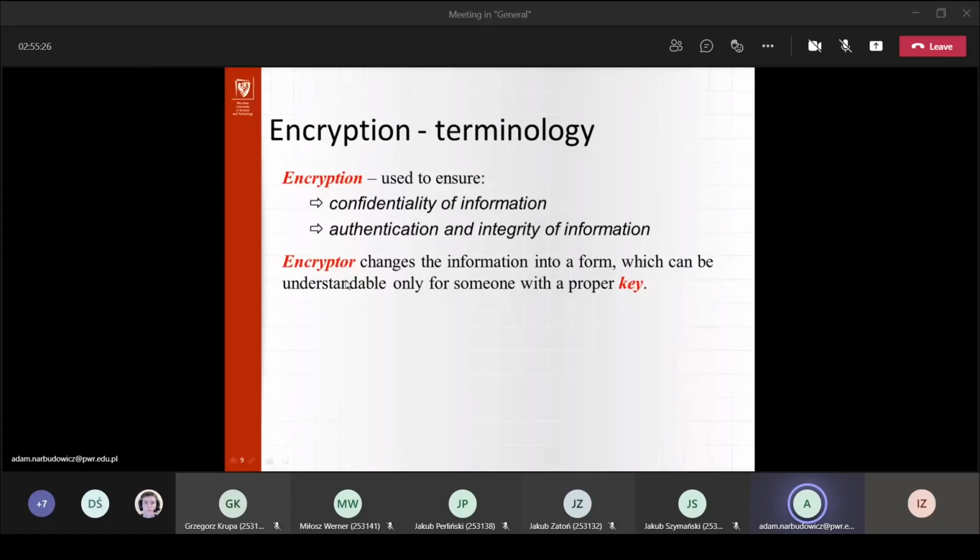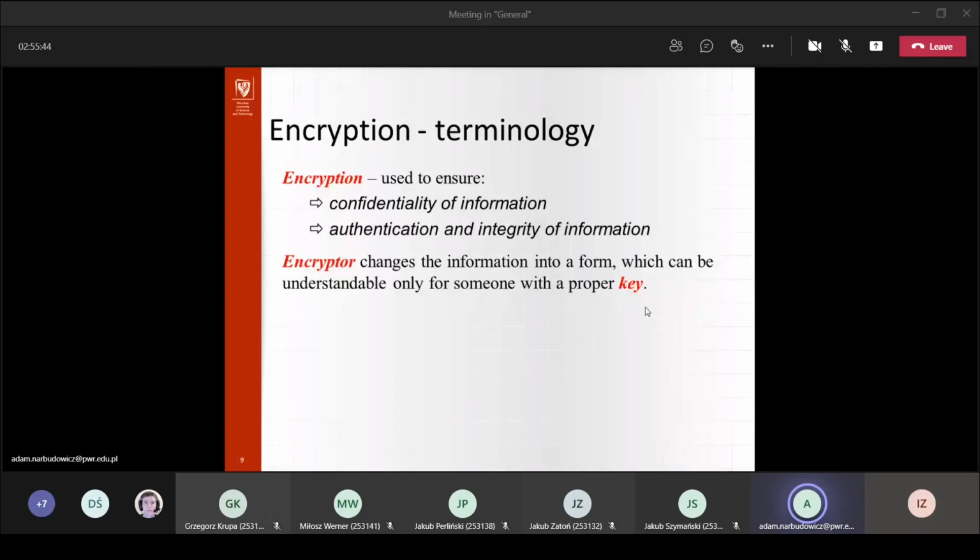Typically, classical cryptography changes the information into a form that can be understood only by someone with a proper key. The key can be symmetric or asymmetric, but that's a different story.